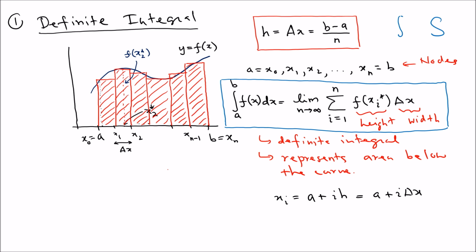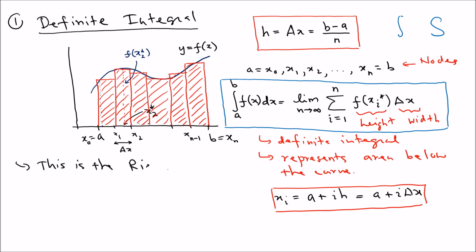So that is a formula to calculate the nodes. Not the sample point; the sample point you have to decide. Now let's put them in, and we call this sum a Riemann sum. So when you write it like that, we call this the Riemann sum. Good.